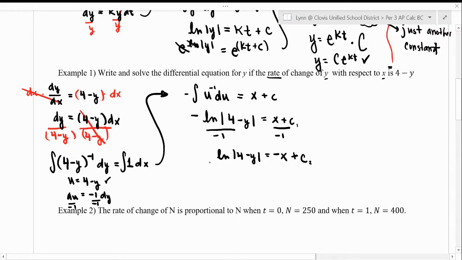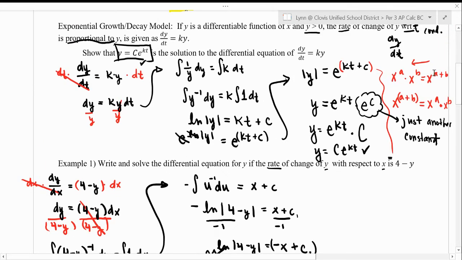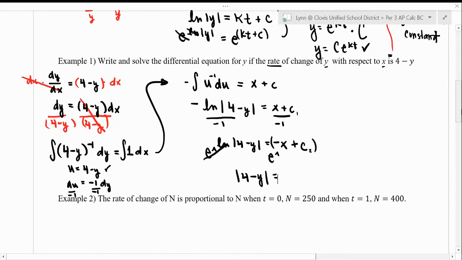So now for the natural log, I would exponentiate both sides. I'm going to be a little lazy with that and keep that grouped though. Remember, that's all one thing. So this would reduce to just the absolute value of 4 minus y. And then I'm going to use that same technique that I did previously, using the laws of exponents, like this part up here. So I'm going to be copying that same idea.